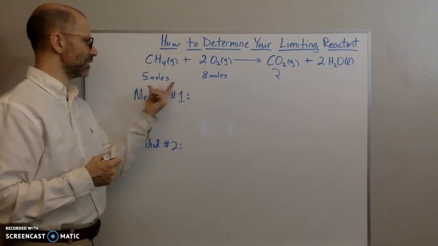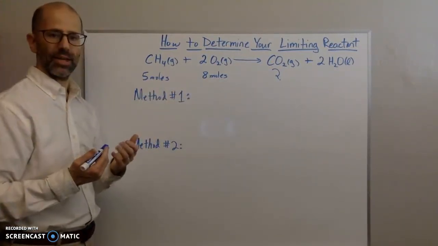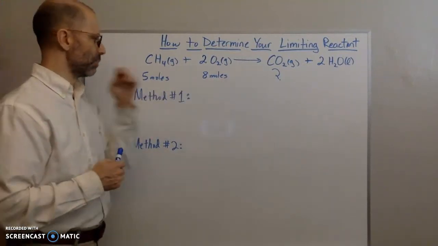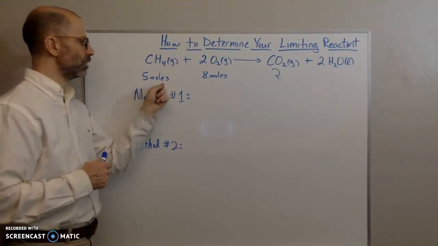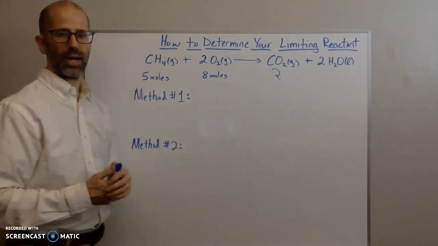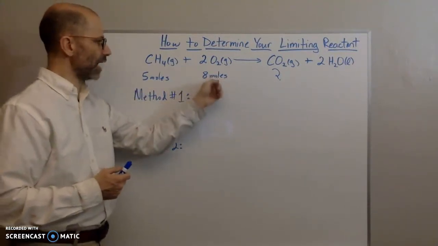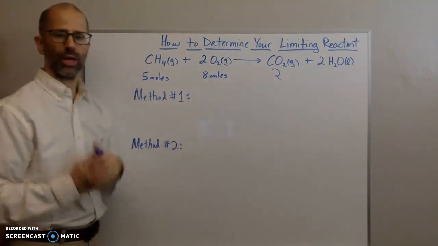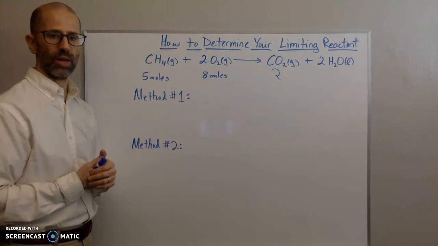If I mix these together, how much carbon dioxide will I get? I take my 5 moles and convert that to an amount of carbon dioxide, and I take my 8 moles of oxygen and convert that to an amount of carbon dioxide, and I see which one gives me the lesser amount.